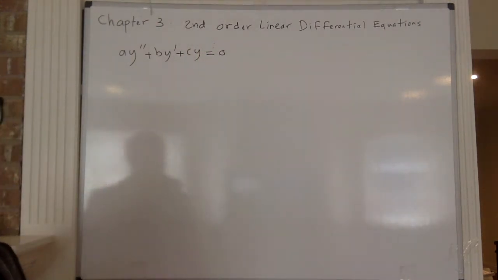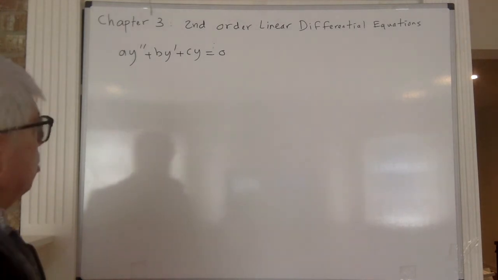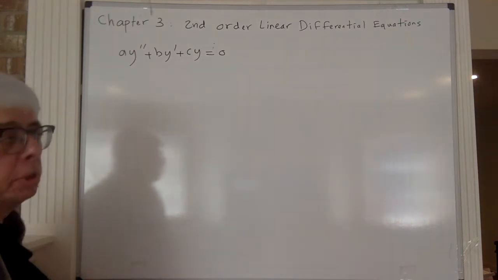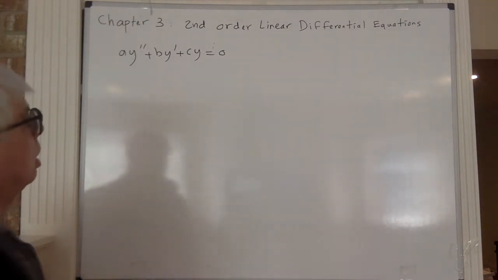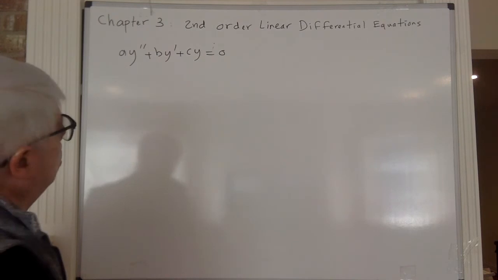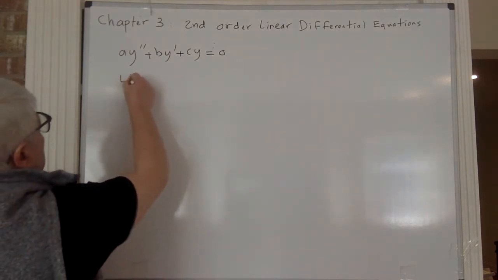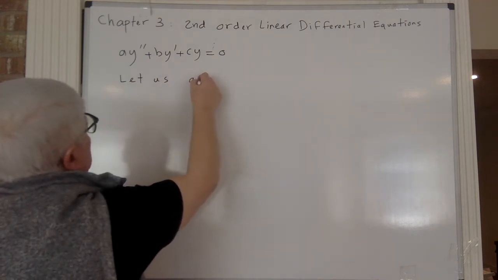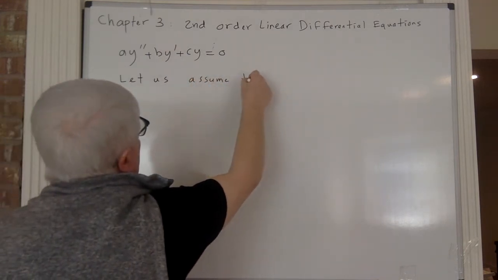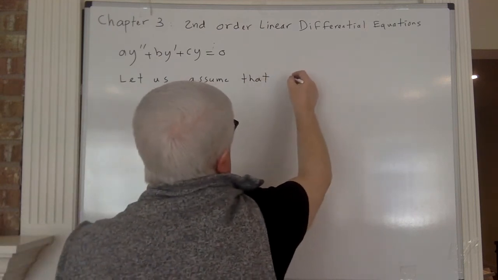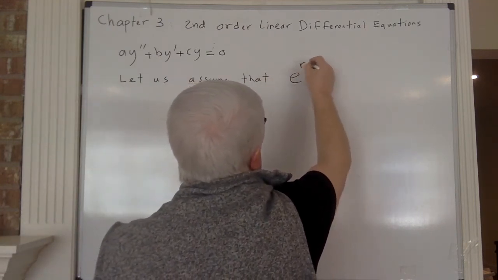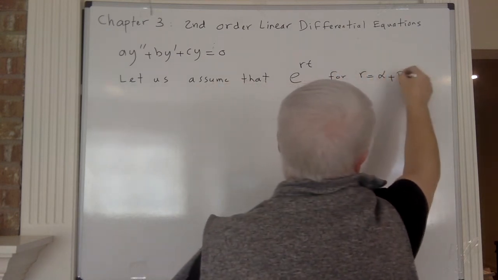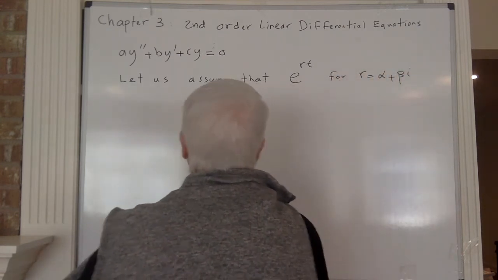And I said maybe a function of the sort e to the power of some z times t is a solution. So let's assume that e to the power rt, for r equals alpha plus beta i, is a solution.